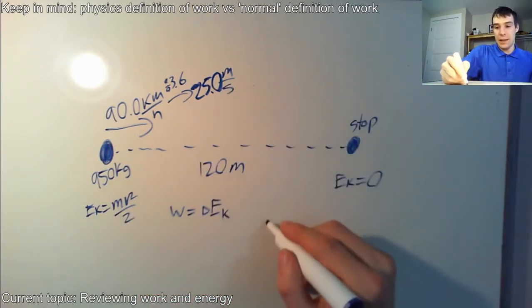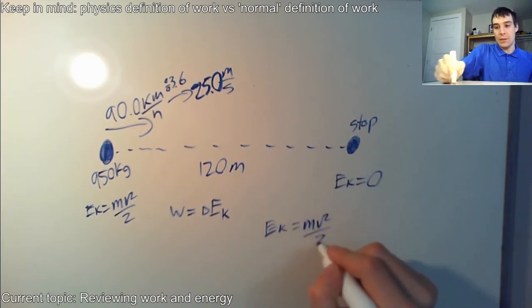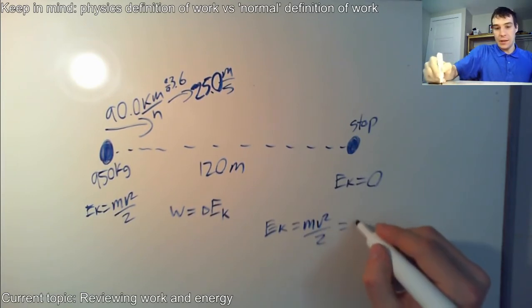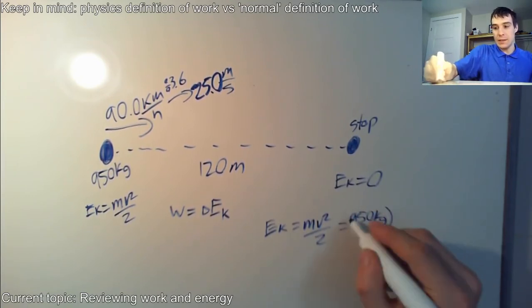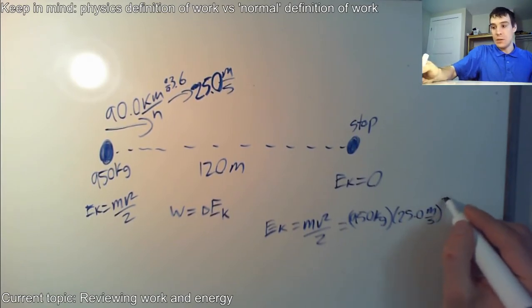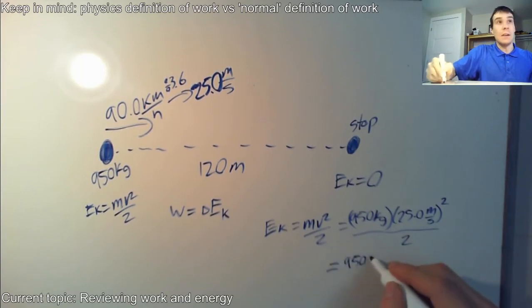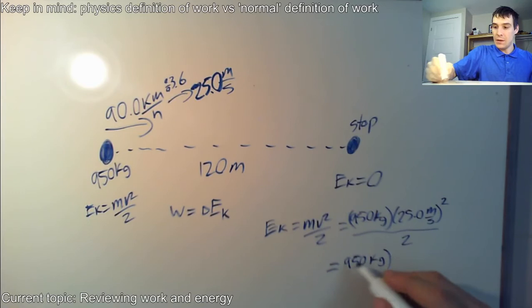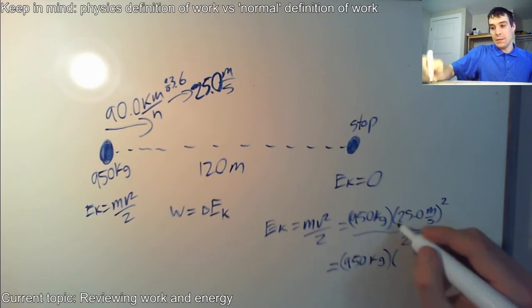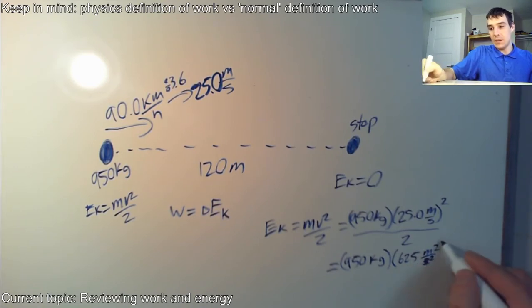Let's figure out the EK. It's mv squared over 2, which is 950 kilograms, that's already in SI units, times 25.0 meters per second squared, over 2. Which is going to give us 950 kilograms times 25 times 25, which is 625 meters squared per second squared, all over 2.